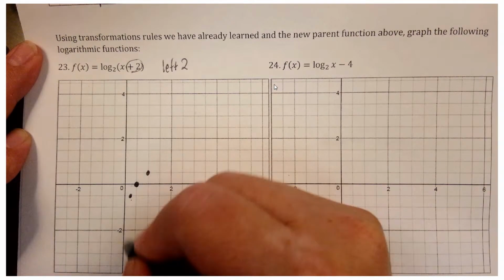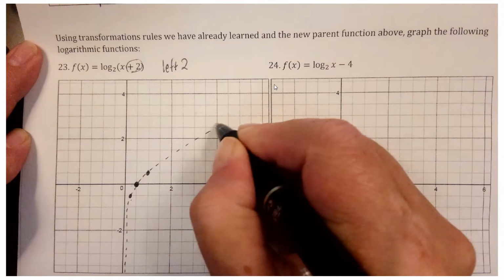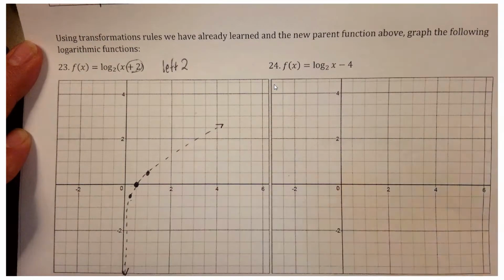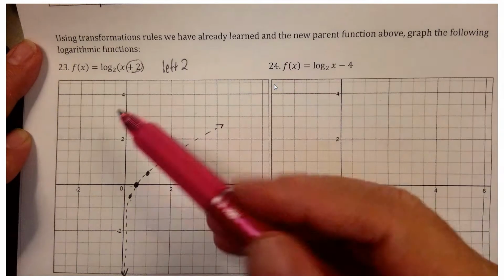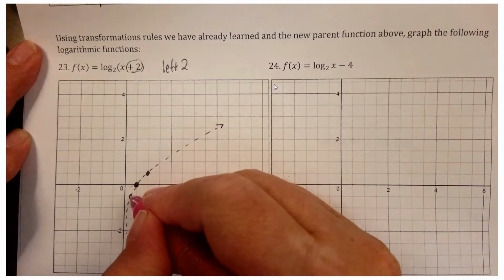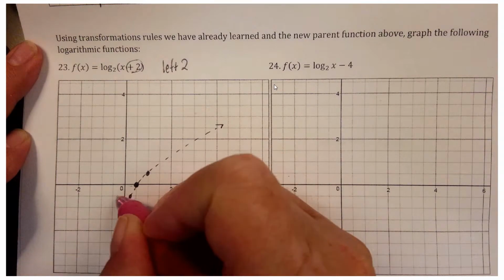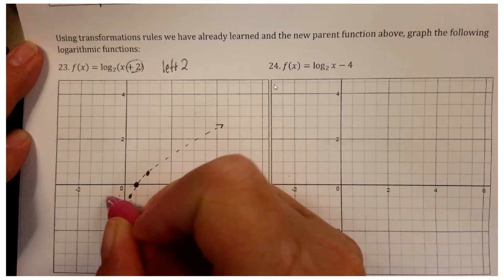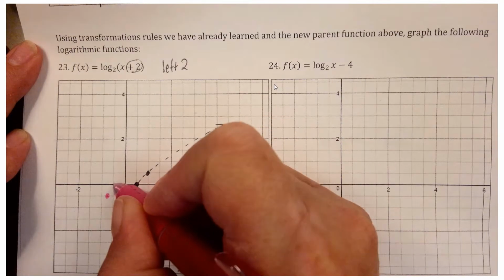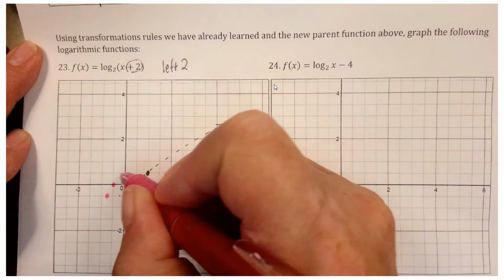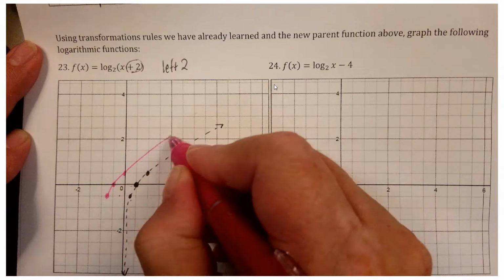This is going to be our parent function, and again, I'm just going to plot this with a dotted line, and it will go off to the right. Now, what I want to do is move each of these points left 2. Be careful, this is a half. So we're moving this left 2. So 1, 2. There's our new point. This one over left 2, and this one over left 2. And now we can draw our new graph.